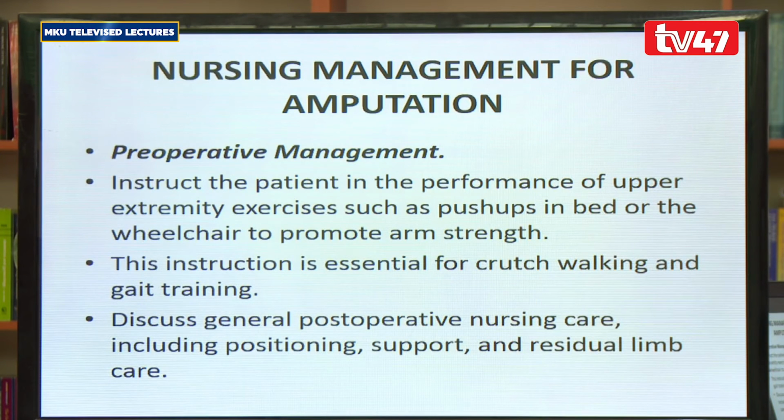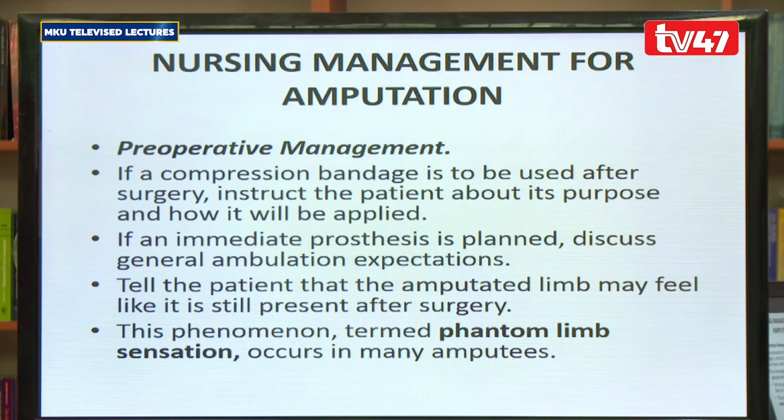Discuss the general post-operative management, such as the residual limb care. This patient, remember, will have a wound. Will you be dressing the wound? The answer is yes. Can the wound be infected? The answer is yes. So the general management for this patient should be there.